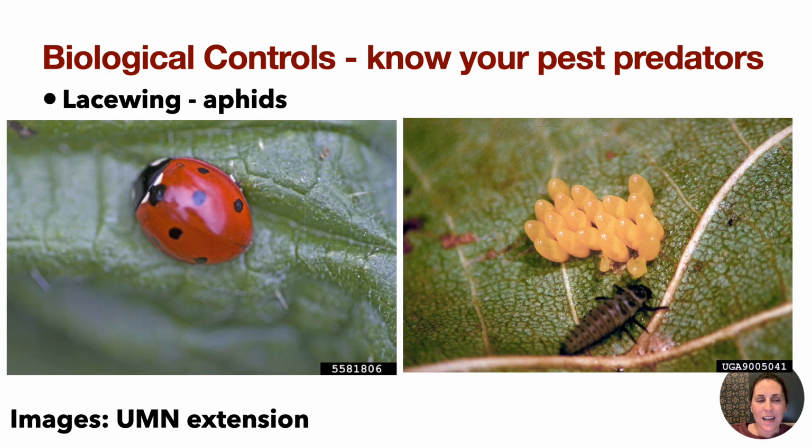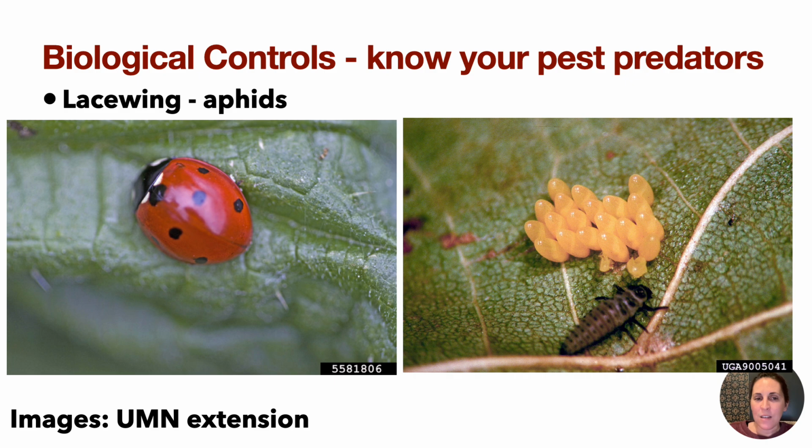And so here we have over on the left side a lady beetle that is mature. And then over on the right side, on the top, we have those yellow eggs. And on the bottom, we have a lady beetle larva. And it's important to also mention here that even though the Asian lady beetle is a bit of a nuisance, especially in the fall when they come into your home uninvited, that they too are voracious eaters of aphids.